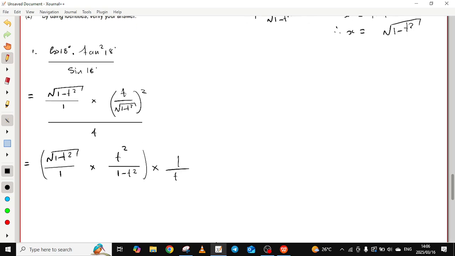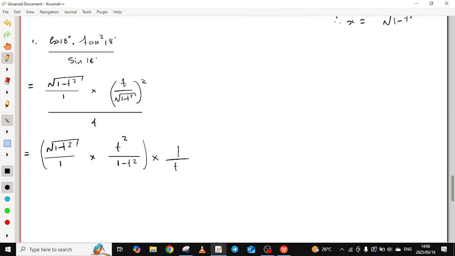Now, since these are fractions, this means I'm going to have t squared times the root of 1 minus t squared times 1, which is just t squared times the root of 1 minus t squared, all over 1 times 1 minus t squared times t. So this is going to be t times 1 minus t squared.